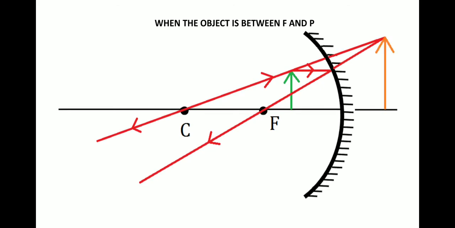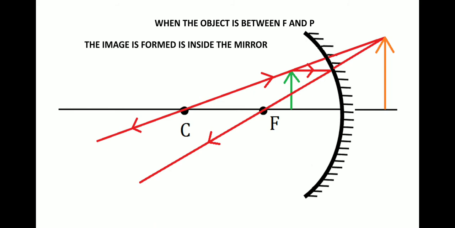Looking at the image, we can understand that the image will be erect, meaning it's not upside down now, and the image is magnified, meaning the size of the image is much bigger than the object. And also, since it is inside the mirror, it cannot be traced on the screen, hence it is not real. When images are not real, we call them virtual.